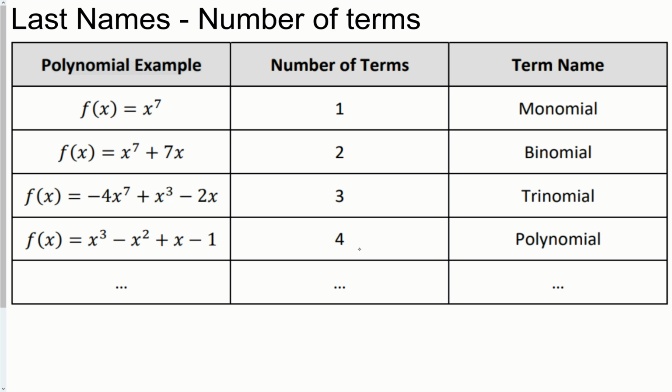So 4 or more is going to be a polynomial of 4 terms, 5 terms, 6 terms, 7 terms, however many terms there are. You should say polynomial of so many terms.